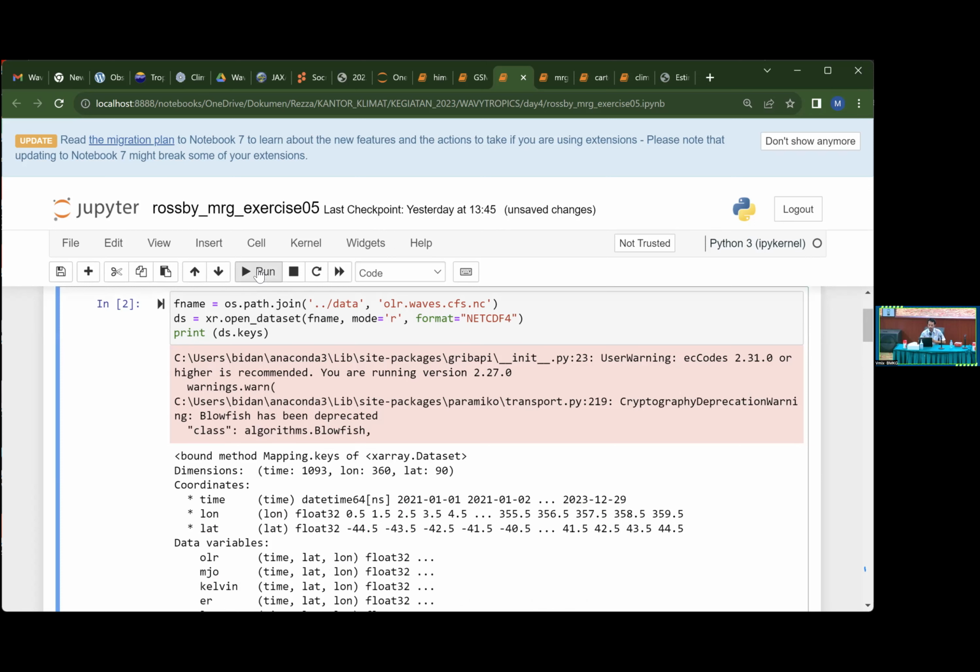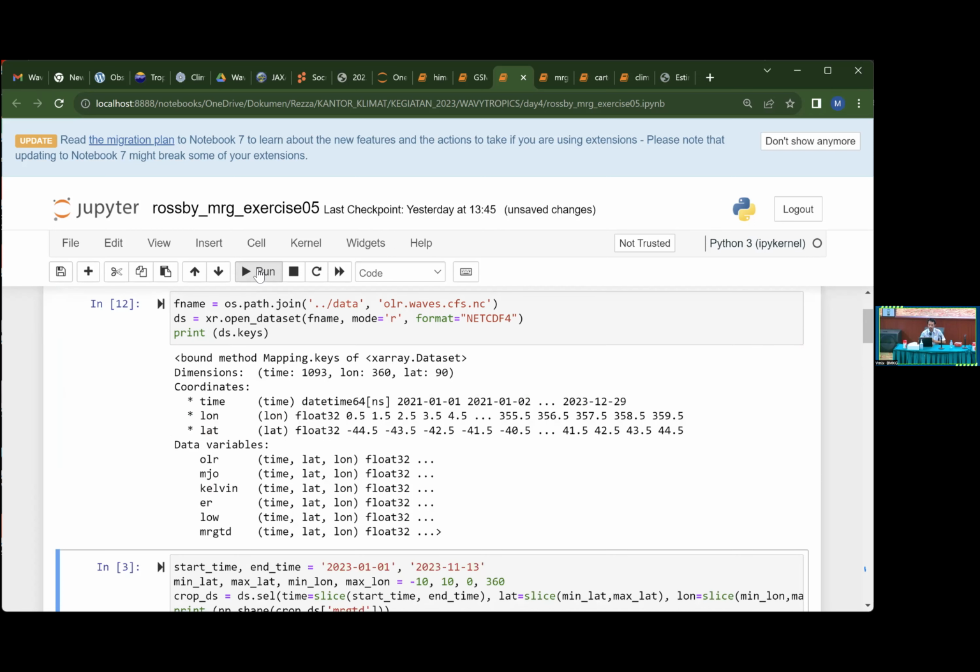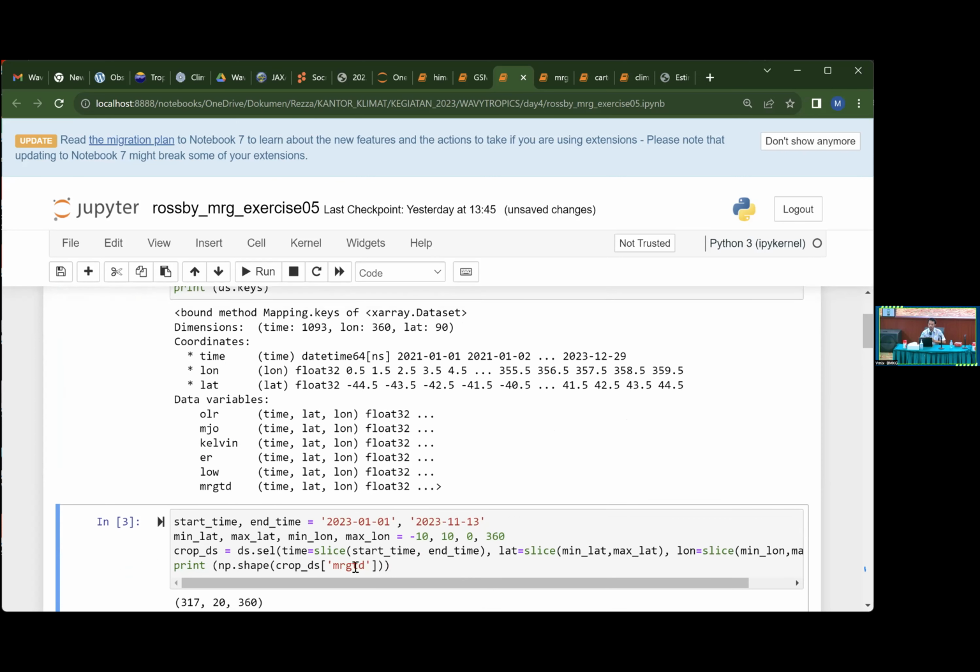We run this, read the data, and check the dimensions to make sure that OLR, MJO, Kelvin, ER, low, and MRGTD exist. These are the variable names, so you just pick up those values and set the time, the latitude band and the longitude band. You can set your area over here.